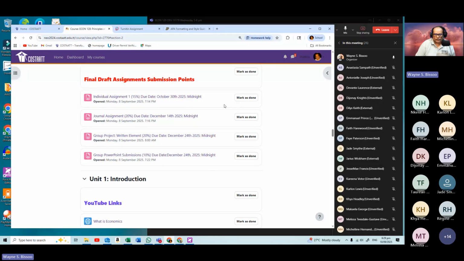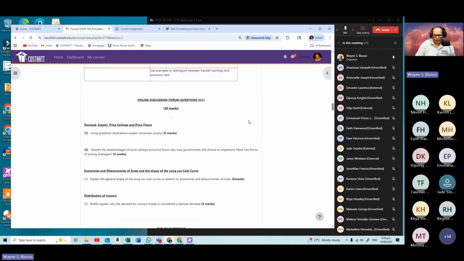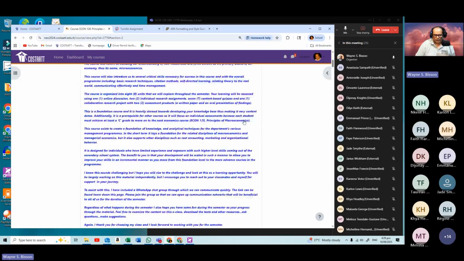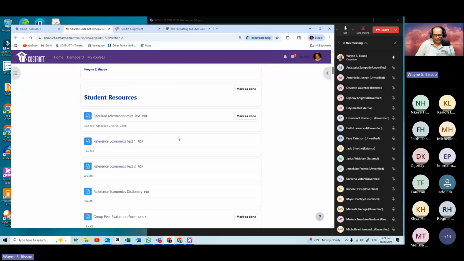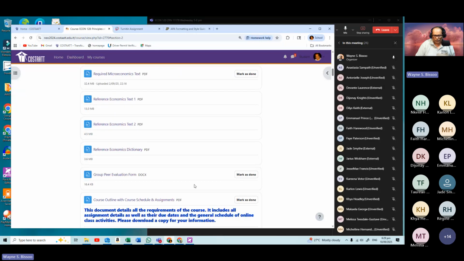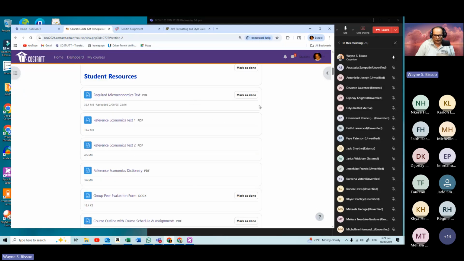As a student, once you get something done, you could click on Mark as done. I'm leaving that as a manual thing for you to do so that you could mark off what you finished sorting out. This has to do with almost every part of the course. Even up here, where it is to download stuff in your student resources, you could click it off when it's marked as done.